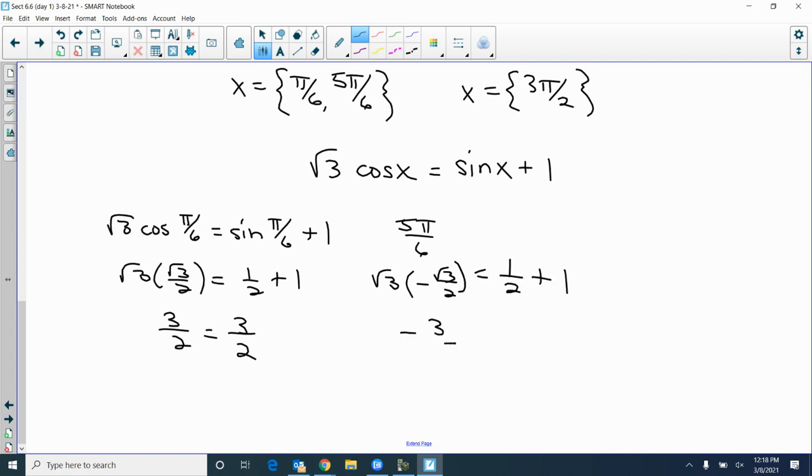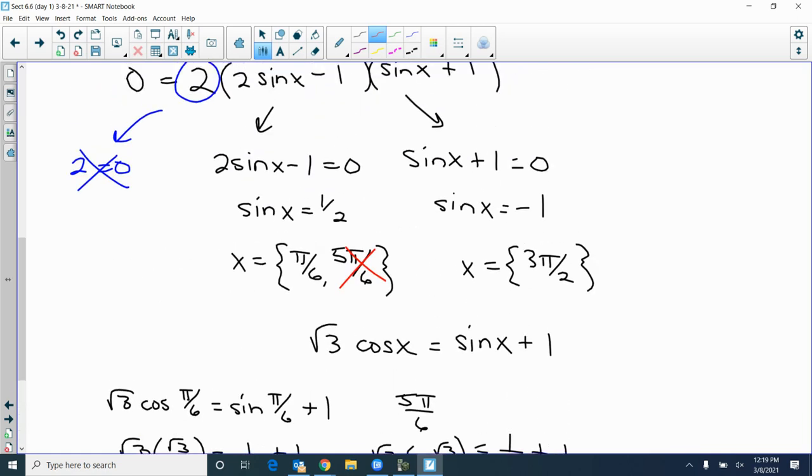So you get negative 3 over 2 equals positive 3 over 2. So that one doesn't work. And 3 pi over 2, hopefully you did get working. It should work. So 5 pi over 6 doesn't work. You need to double check your answers when you take something to an even power, squared, 4th, 6th. So just be careful there.